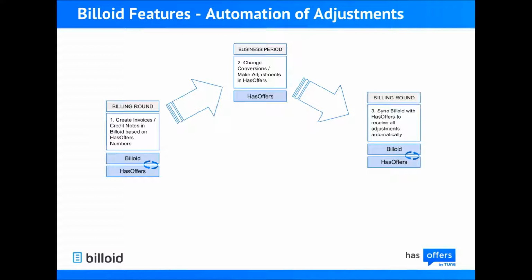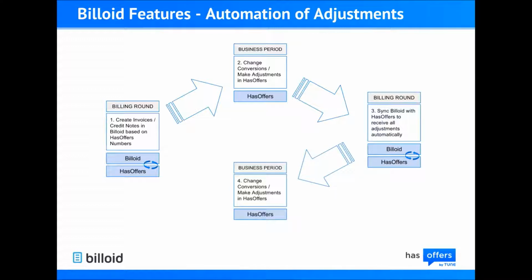So there's no readjusting, there's just processing as they did before, because the adjustments are all automatically included in the numbers that are being synchronized from HasOffers. And that's already where the cycle closes. The validation process on the account managing side with advertisers and publishers is being made as usual, and Billoid keeps track of that for the finance guys.